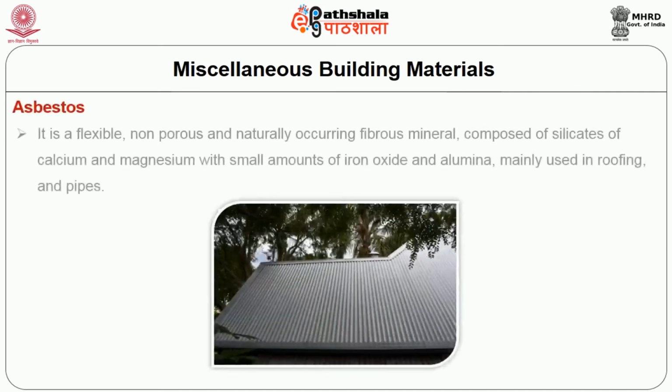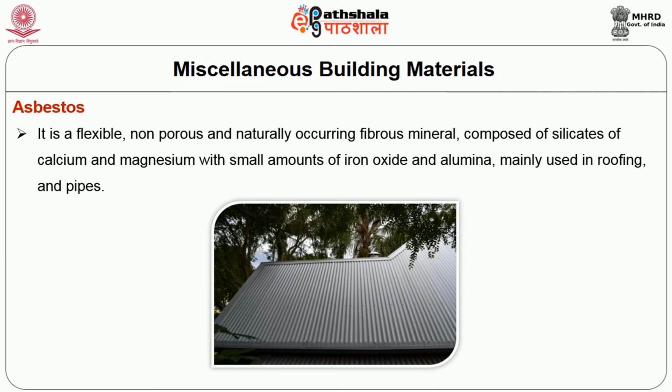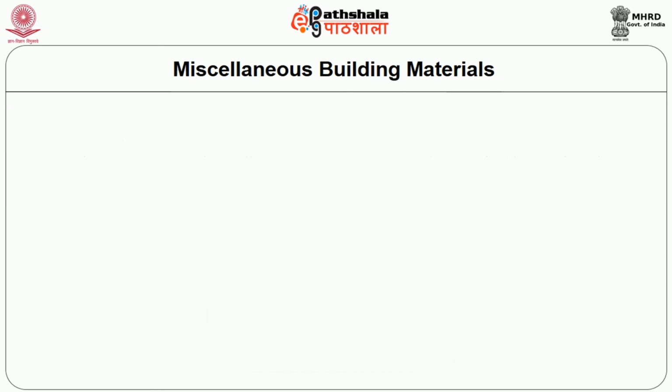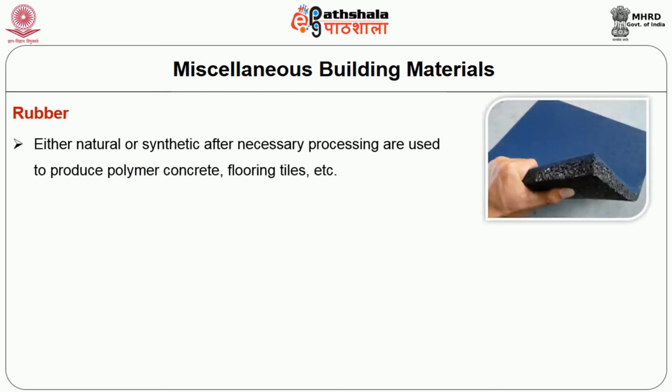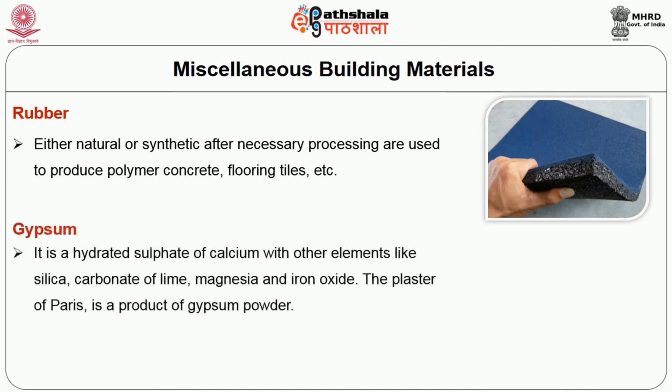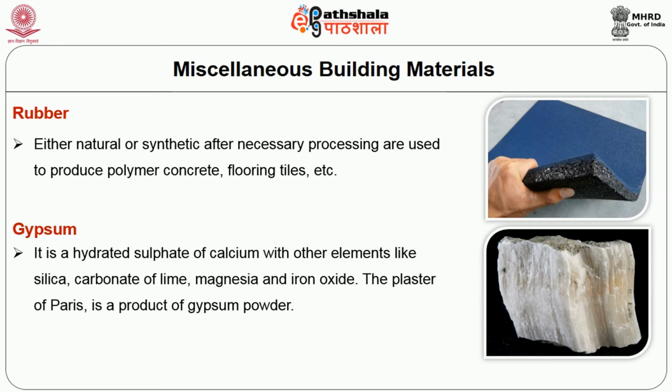Asbestos is a flexible, non-porous and naturally occurring fibrous mineral composed of silicates of calcium and magnesium with small amounts of iron oxide and alumina, mainly used in roofing and pipes. Rubber, either natural or synthetic, after necessary processing is used to produce polymer concrete, flooring tiles, etc. Gypsum is a hydrated sulfate of calcium with other elements like silica, carbonate of lime, magnesia and iron oxide. The plaster of Paris is a product of gypsum powder.